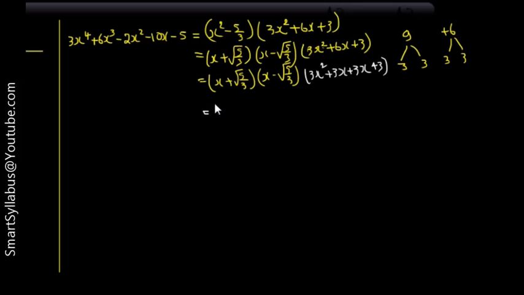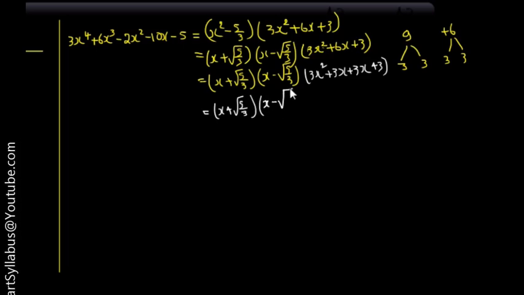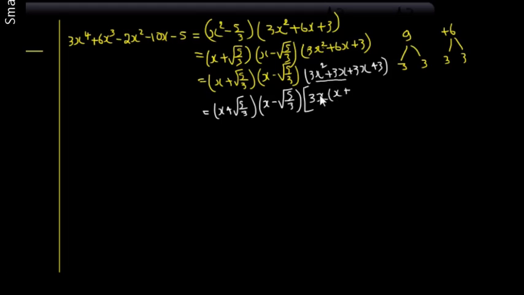Next, that's equal to x plus square root of 5 by 3 as it is, x minus square root of 5 by 3, even this bracket as it is. Now here, between these two terms, what is common? First, x is common, and between the numbers, 3 is also common. So from 3x squared, 3x is out, x is remaining. Plus 3x, completely 3x is out.